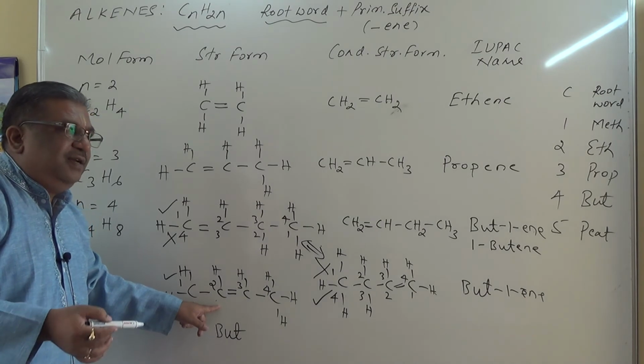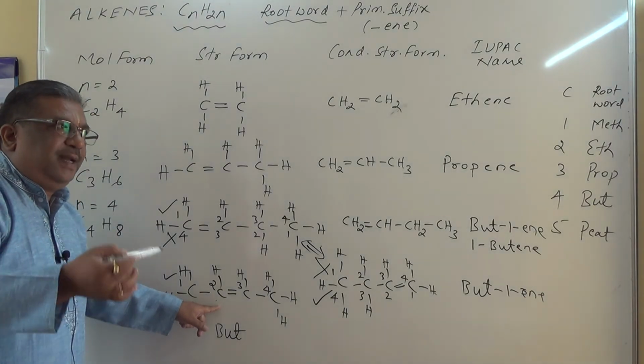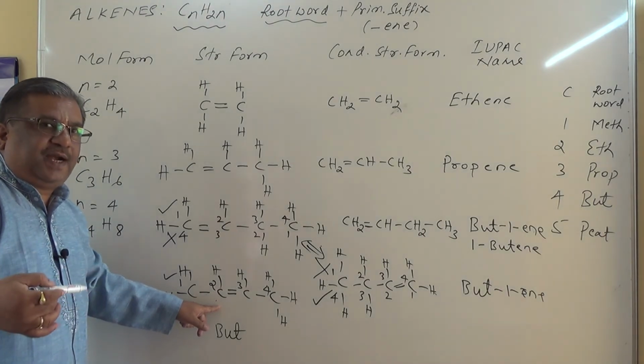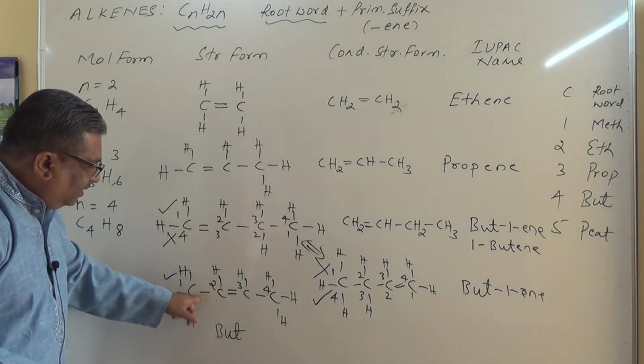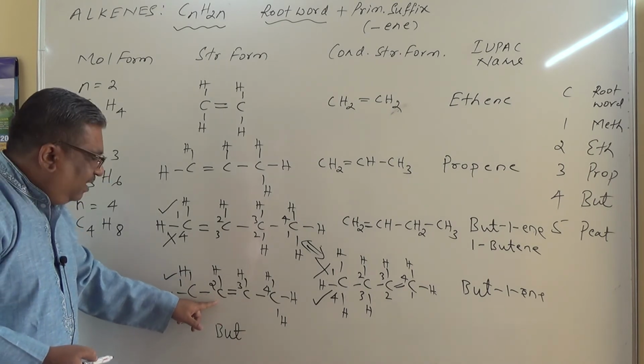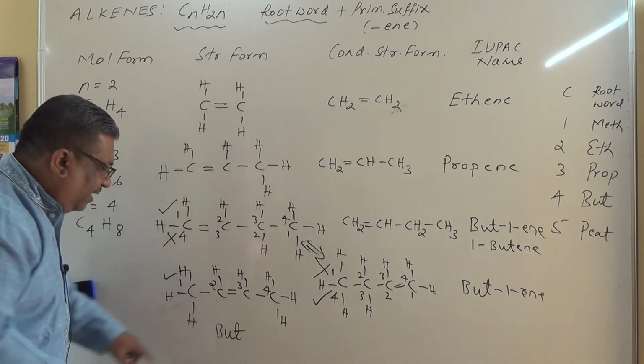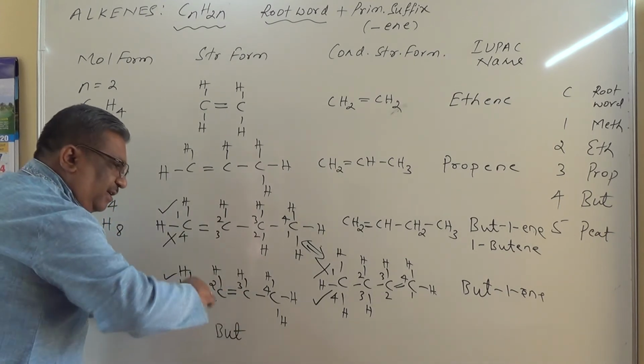Locants means the position of the carbon atom to which the double bond, triple bond and the functional groups are attached. So, the locant of the double bond over here is C2, meaning the double bond is attached to the second carbon atom, and therefore ene is attached to the second carbon atom.